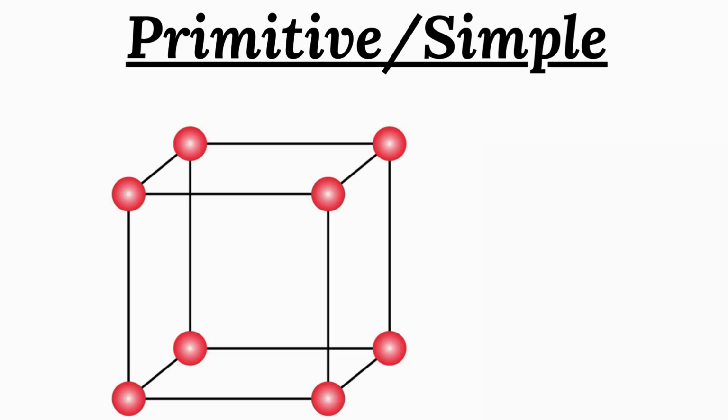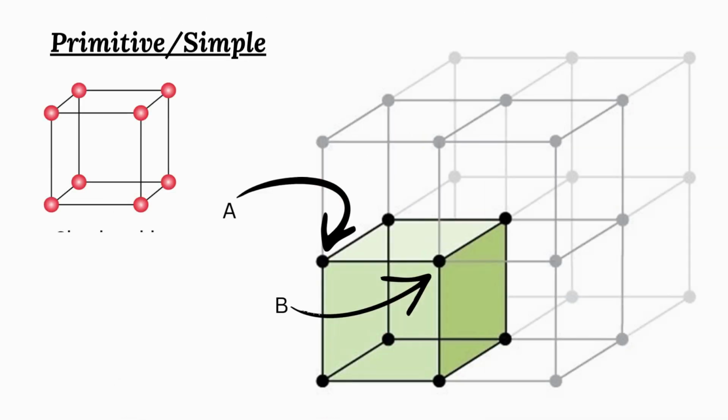In this particular slide you can see the primitive unit cell, where the points are located at the corners of the unit cell, and this is a 3D representation of that, in which point A and point B are given for reference. If you translate from A to B, the symmetrical operation as well as the unit cell positions remain the same. That means it preserves the identical location of the earlier setup.